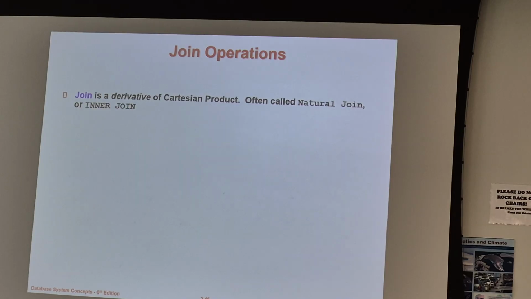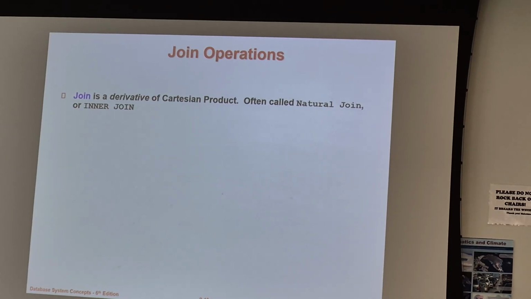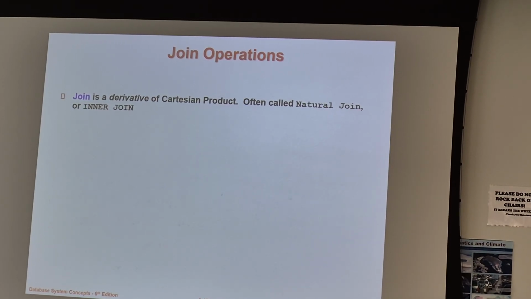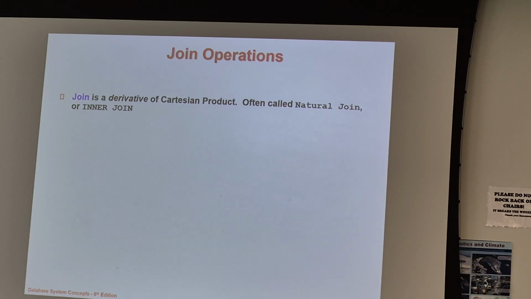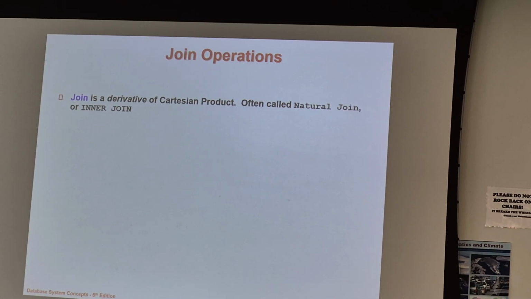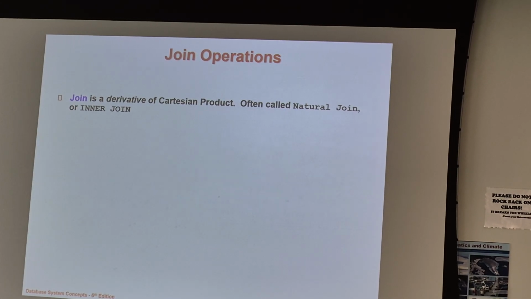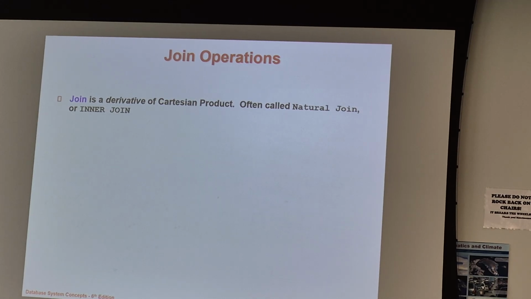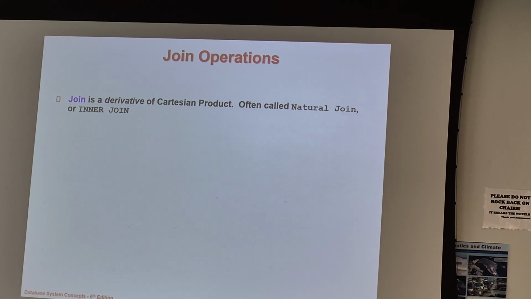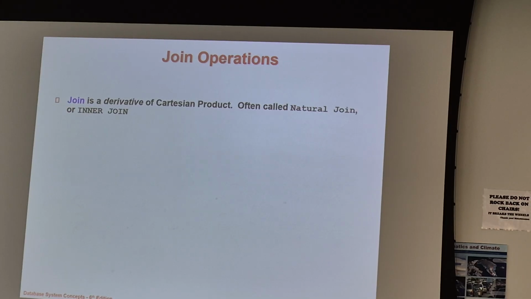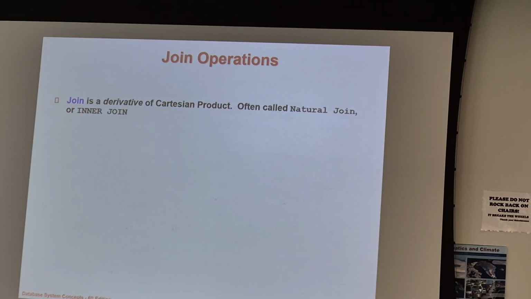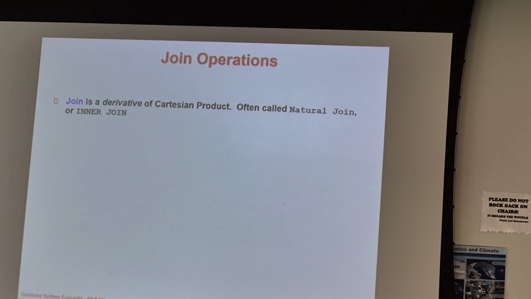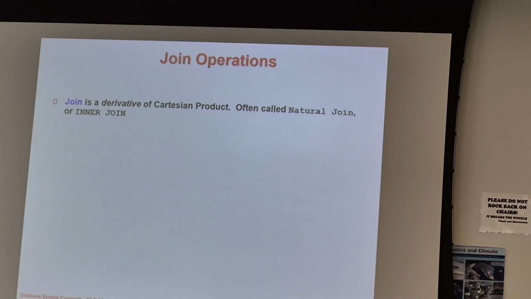So, we don't have an SQL keyword for Cartesian product, but we do have keywords for commands that use the Cartesian product in order to do their jobs. And one of them is join. And you should have seen the join command in one of your first 2 homeworks in this class, right?